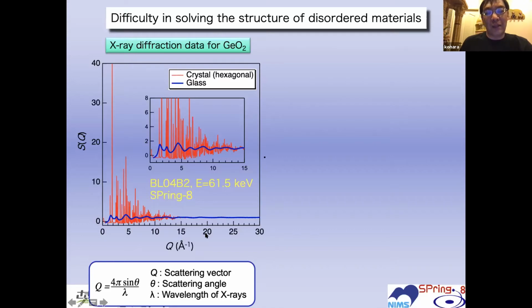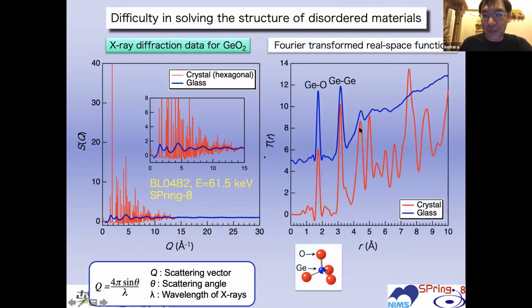We typically Fourier transform this Q-space data to real space, where we can assign pair correlations. This is a total correlation function, a sort of PDF, just a different formalism. The first peak can be assigned to the germanium-oxygen correlation, because in both crystalline and glassy phases, the short-range structure is the GeO4 tetrahedron.